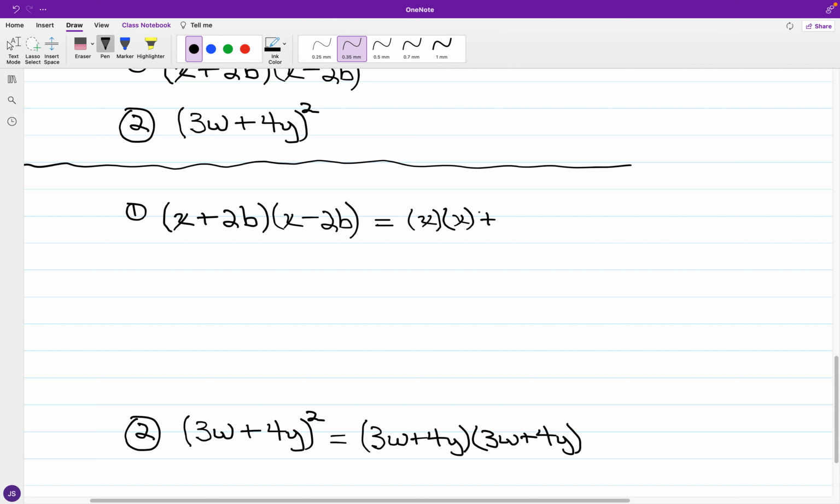And for the outer terms, we have x times negative 2b. And for the inside, we have 2b times x. And for the last product, we have 2b and negative 2b.